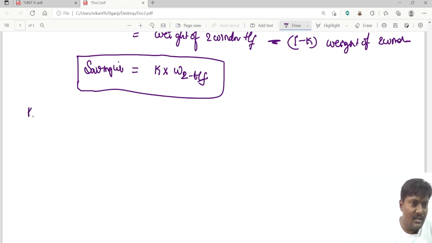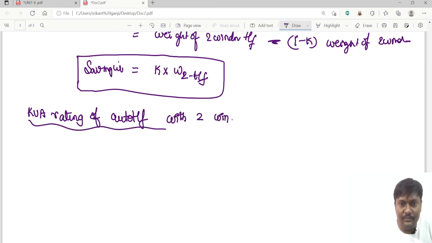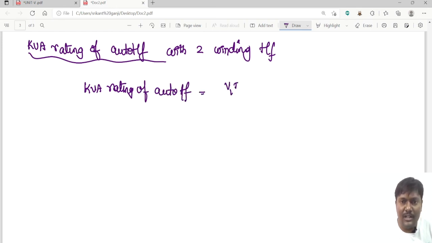The last one is the kVA rating of the auto transformer compared with the two winding transformer. The kVA rating of the auto transformer, its input is V1 I1, that should be equal to V2 into I2.